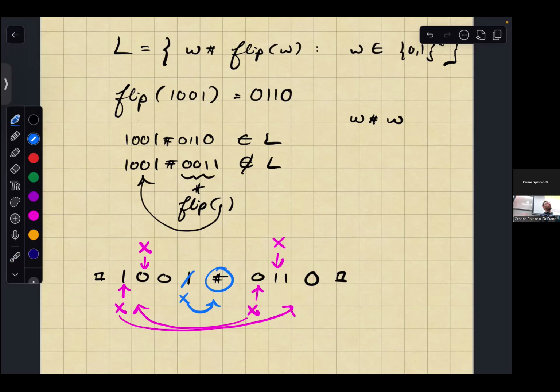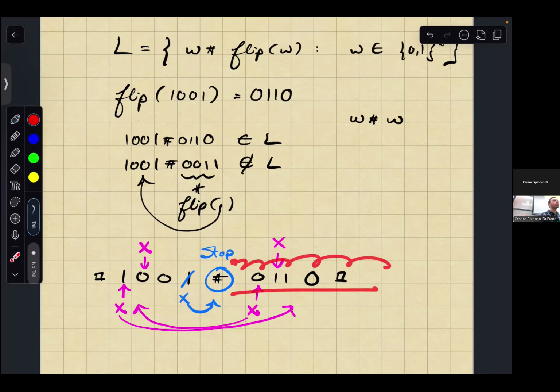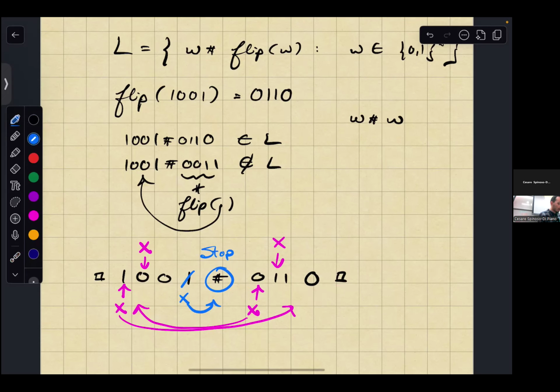Once I move right and see a hash, that tells me that I should stop. Not literally stop: I should first check that the remainder of this string has no extra 0 or 1, that I've marked everything here with X's, and that the next thing I see is a blank. That's essentially the idea behind the Turing machine.